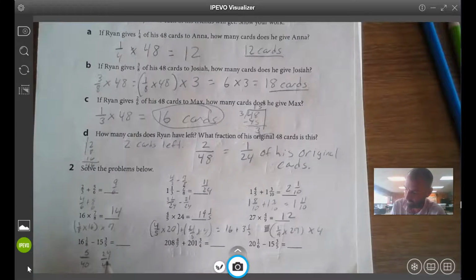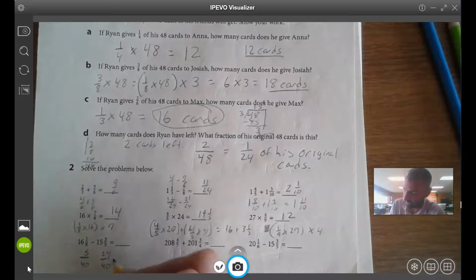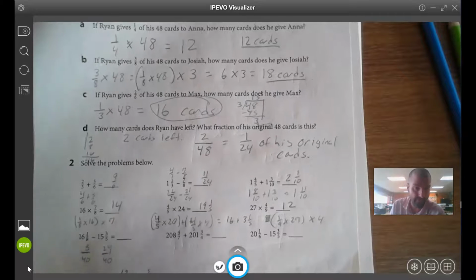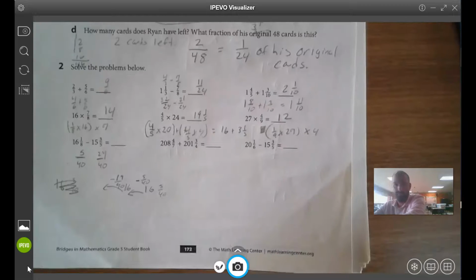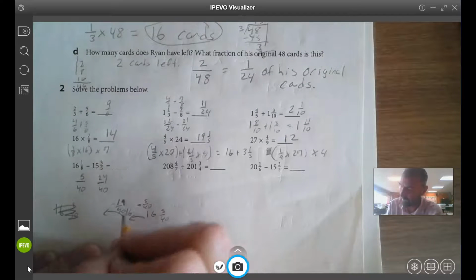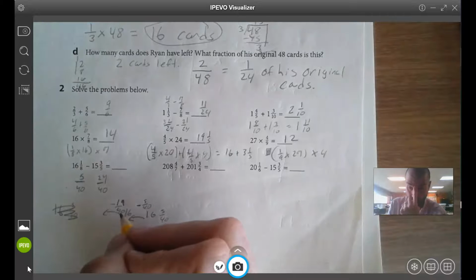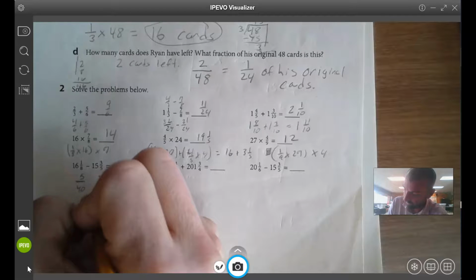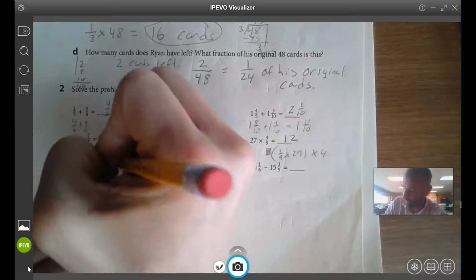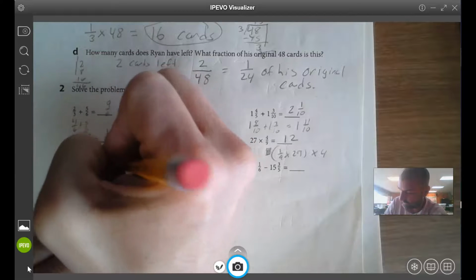Okay, now I need to get, how much did I take away there? I need 19 40ths more. So if I go 19 40ths, I'm at 19 40ths. So I have 21 40ths left, and I'm at 15. So I would have 15 and 21 40ths.